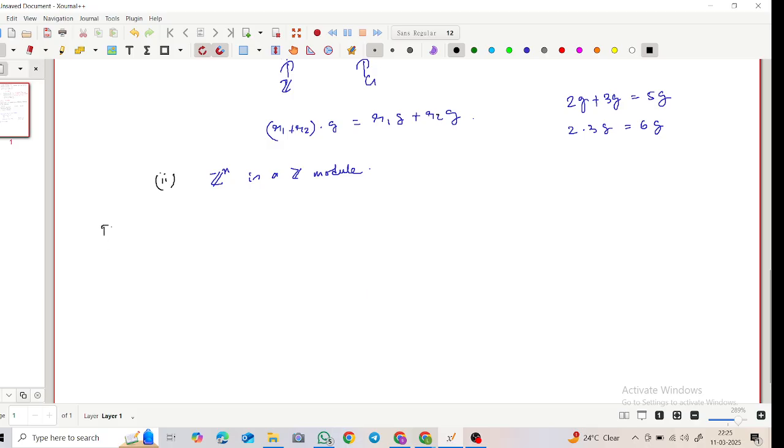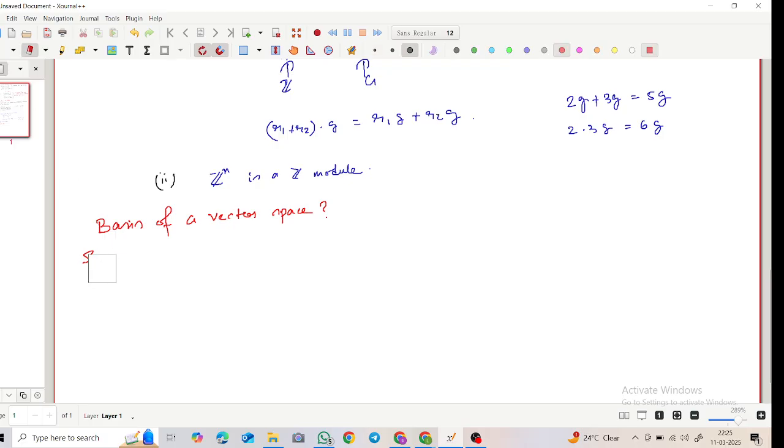Let's see basis. So what about the basis of a vector space?